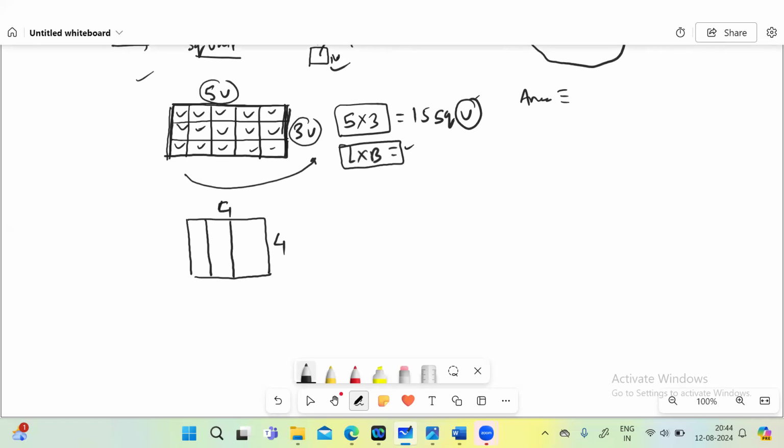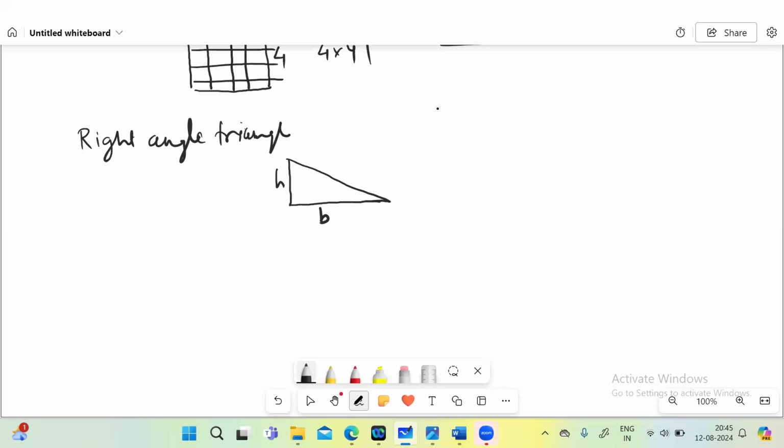Again, from the same formula, it will be 4 into 4 boxes, and if the length of a side of a square is A, then the area of the square will be A into A, which is A square unit.